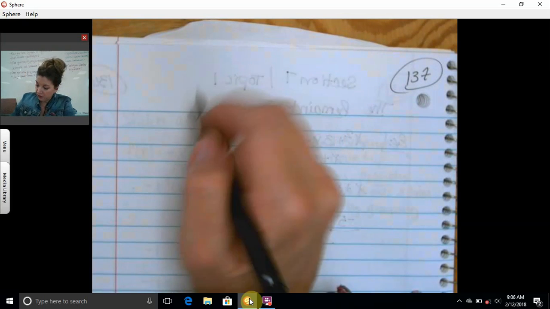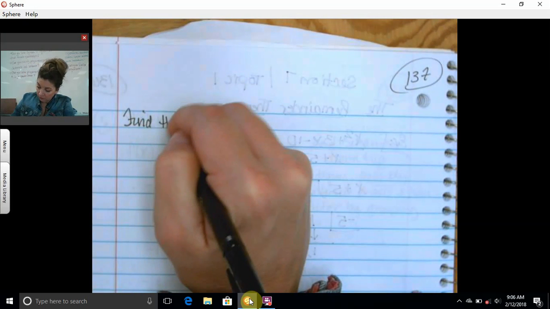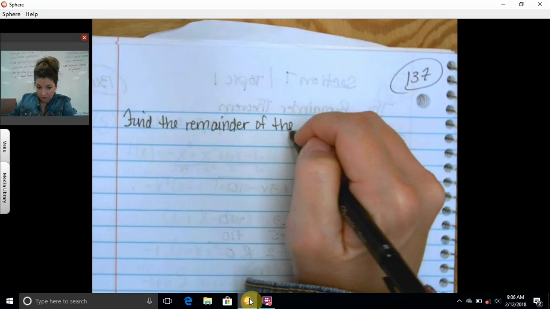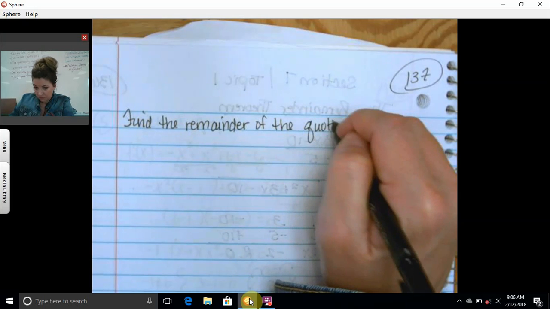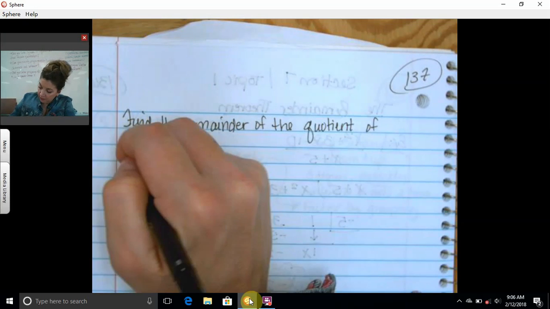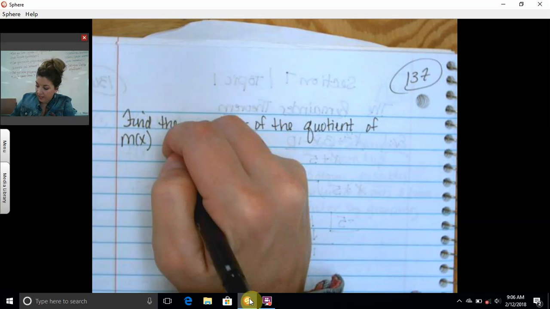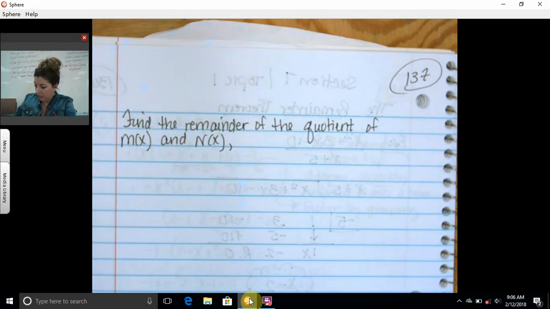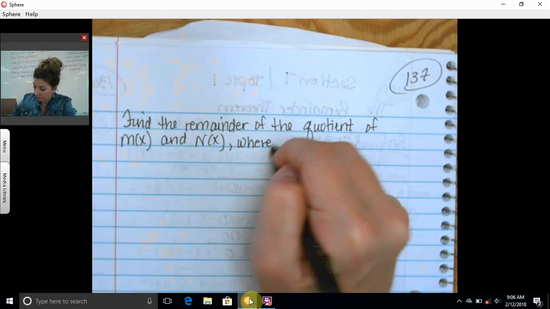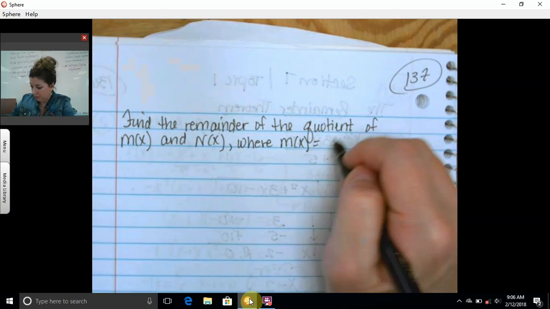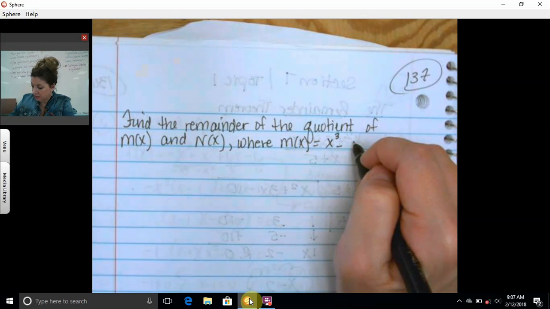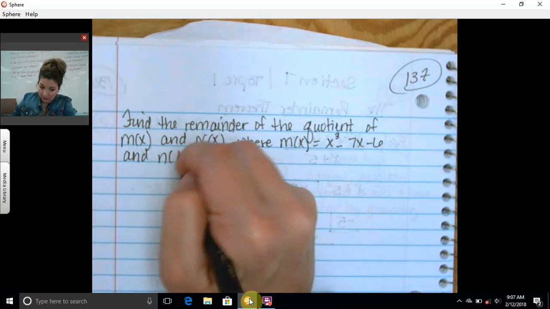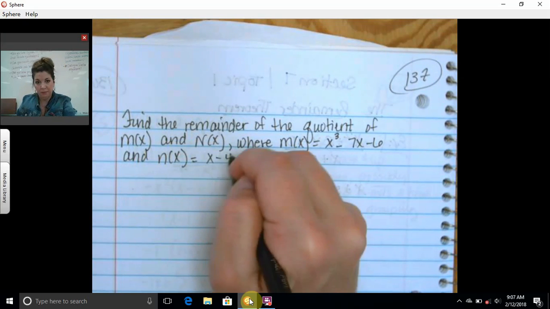Find the remainder of the quotient of m of x and n of x, where m of x equals x cubed minus 7x minus 6 and n of x equals x minus 4.